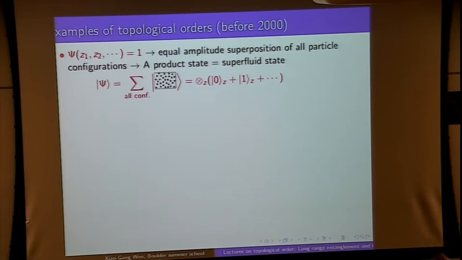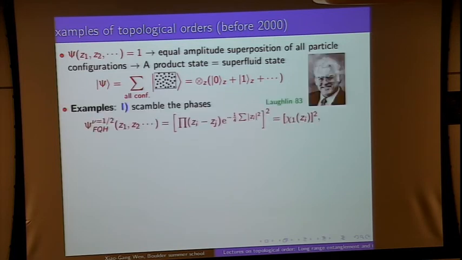So the superfluid state is somehow closer to a product state. But how do we make this superfluid state, which is a product state, long-range entangled? One idea is to scramble the phase. Actually, the Laughlin state follows this idea. We scramble the phase.